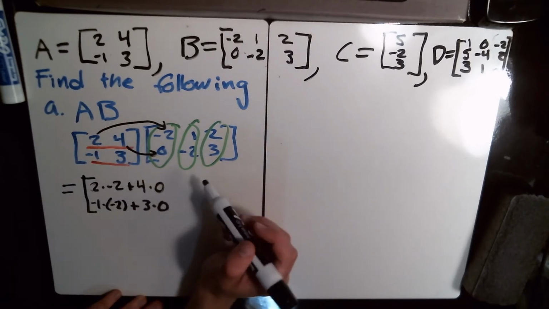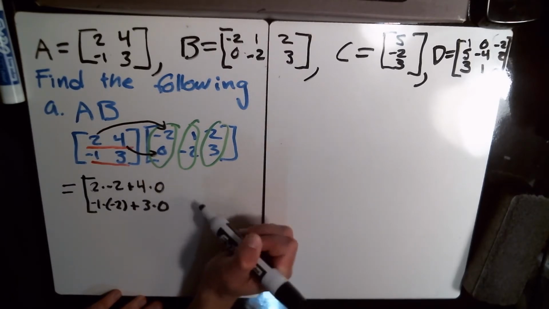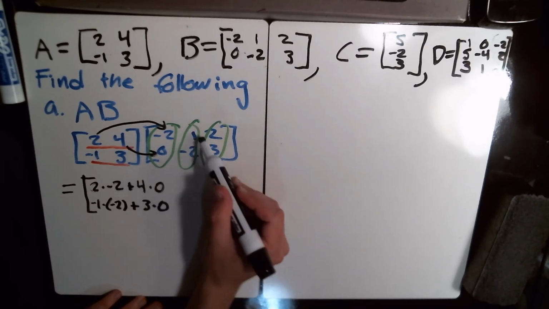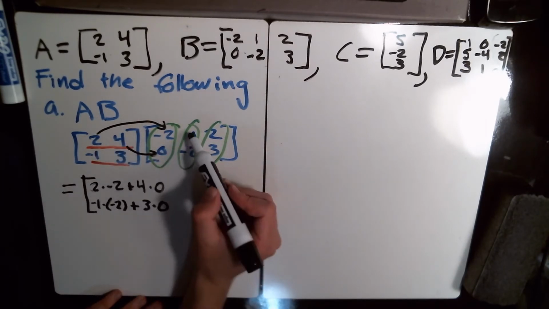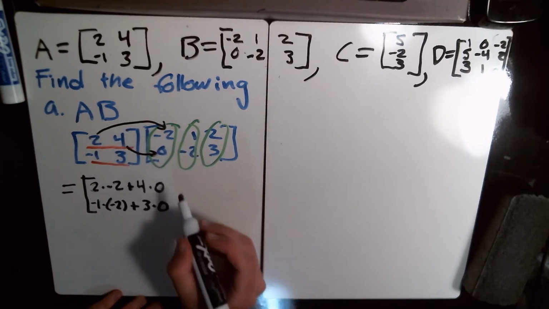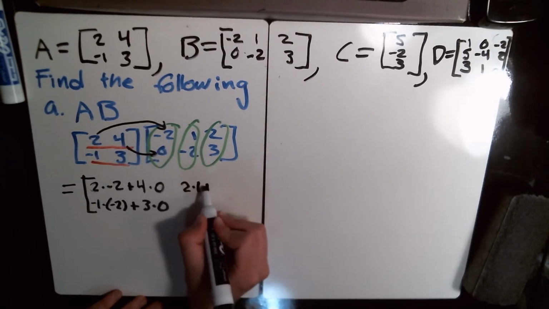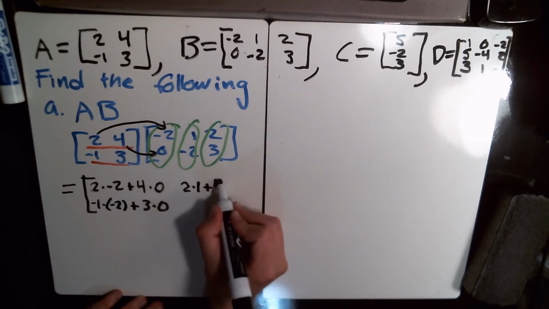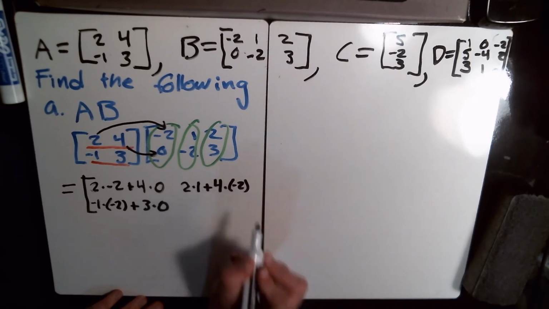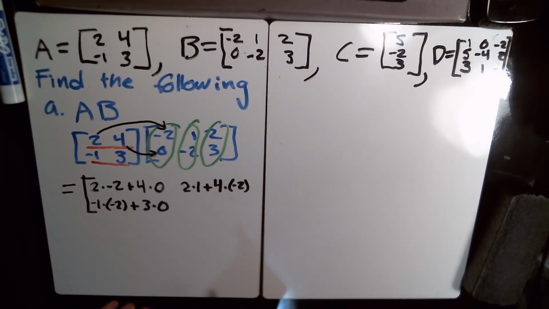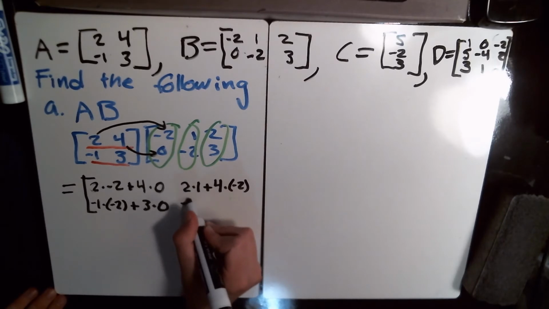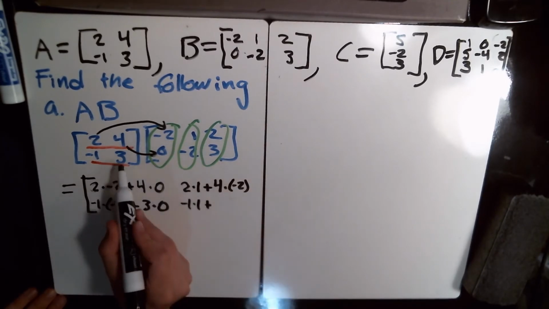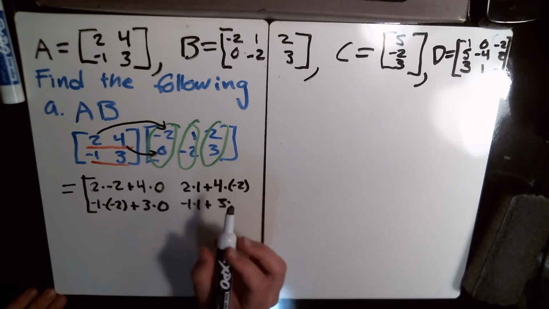So to get the things in the second column, I'm going to use the second column of this matrix. So I do first row times the second column, 2 times 1 plus 4 times negative 2. Okay, so that's that. Now we do second row, second column, so negative 1 times 1 plus 3 times negative 2.